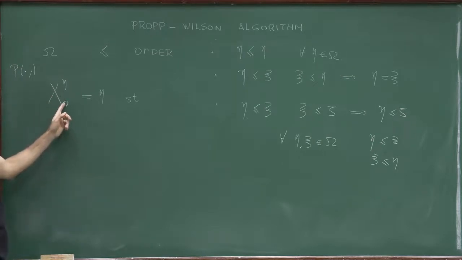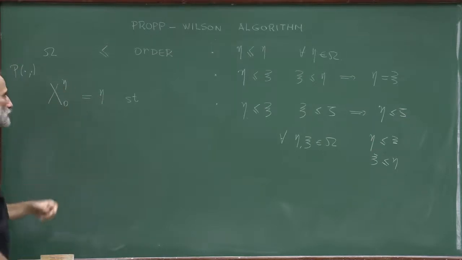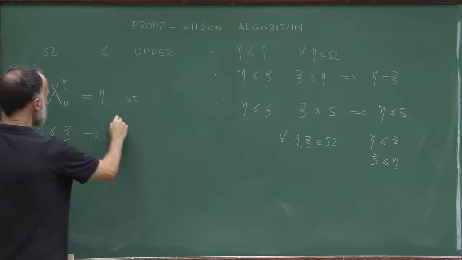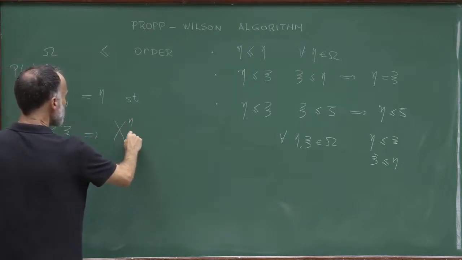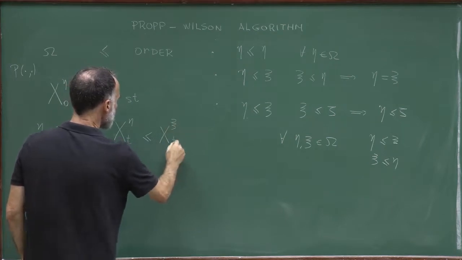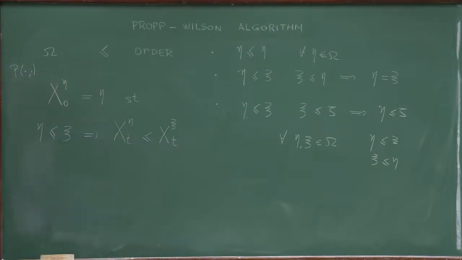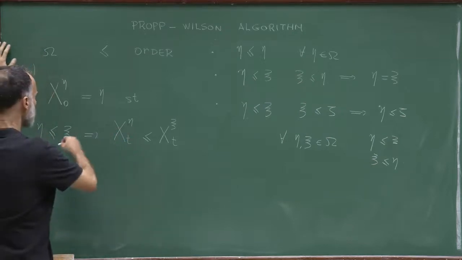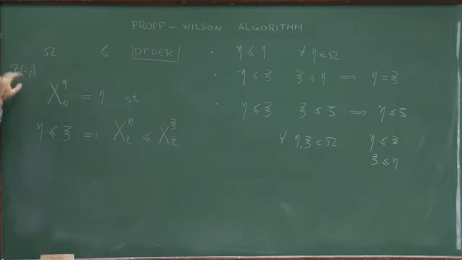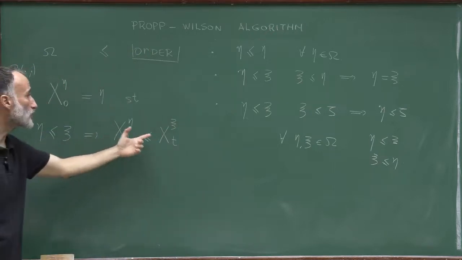At time 0, I want the Markov chain X^eta to start from eta, and I want that if eta is bounded by xi, then the Markov chain X^eta remains bounded by the Markov chain from xi at time t. So if you start from a configuration eta which is smaller than xi, and this set does not have to be totally ordered, I just want it to be ordered, then I want the Markov chain to keep the order.